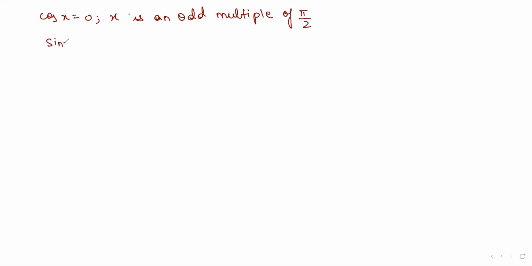Sin x is equal to 0 only when x is an integral multiple of pi.